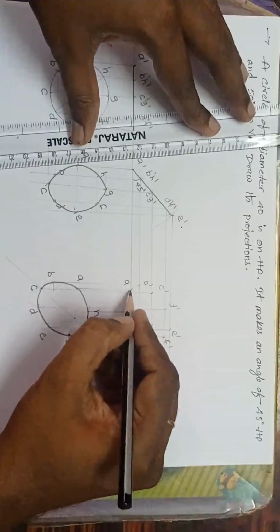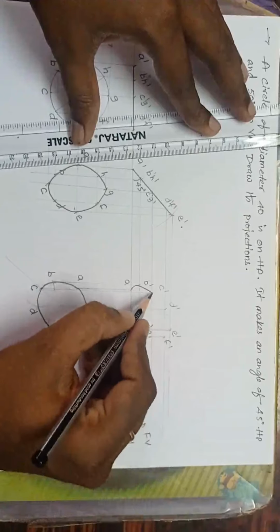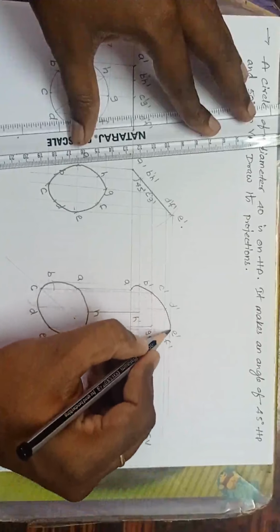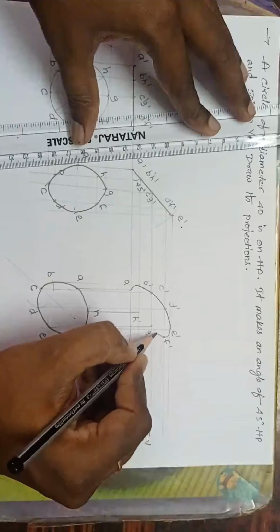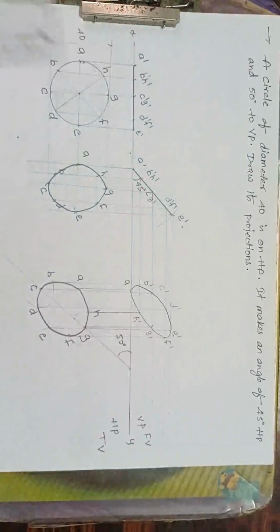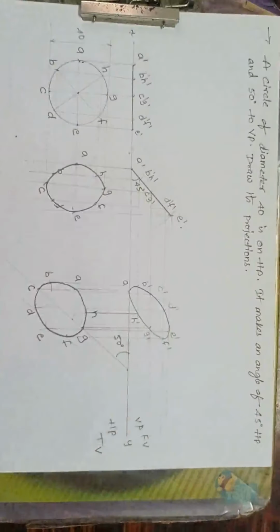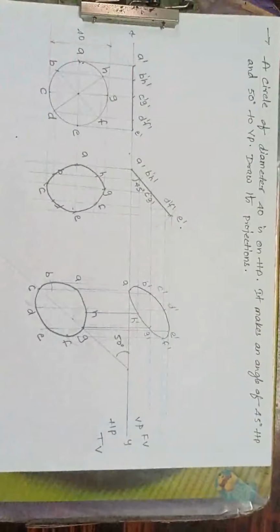So join all the points very carefully, from A, B, C, D, E, F, G, H and A. So it will appear like this. Very carefully you have to do it. I hope you can do the vertical plane also if the plane circle is on the VP. Same vice versa. Okay, fine.